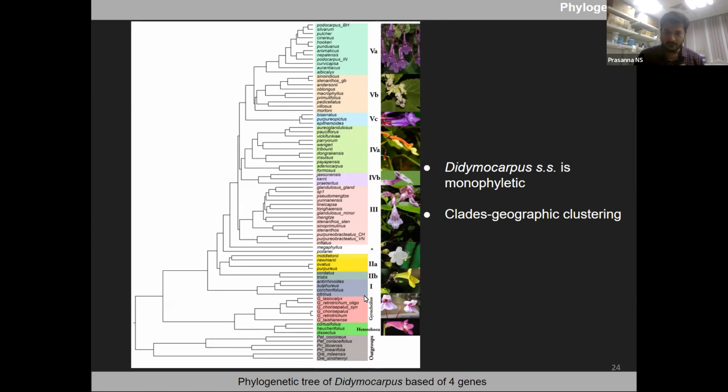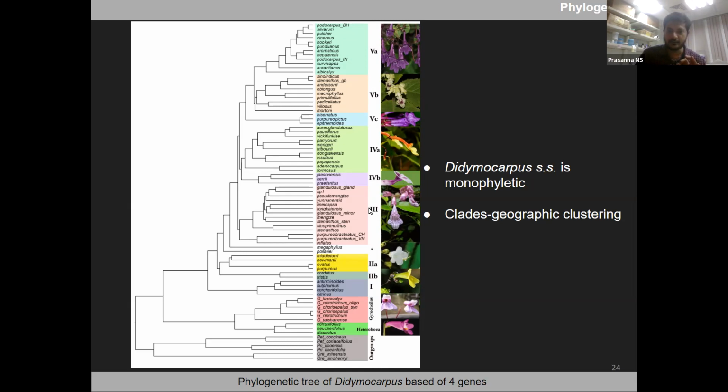This is Didymocarpus sensu stricto, in the strict sense. It can be divided into 5 clades. Clade 1 is mostly the Malaysian taxa. Clade 2 has mostly species which are not traditionally assigned to any of those clades, and most of these are Thai species.